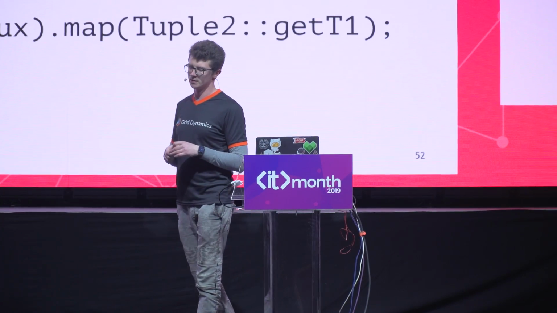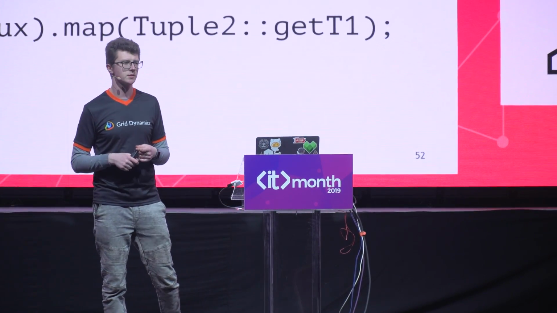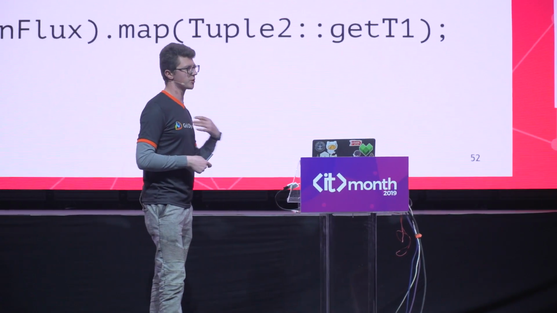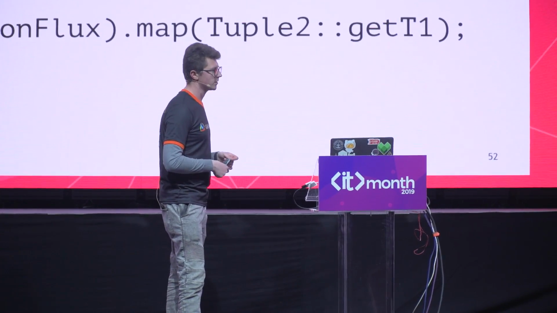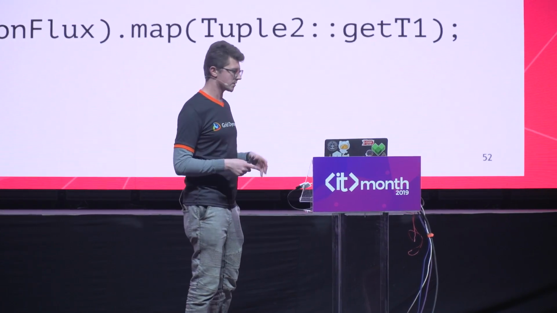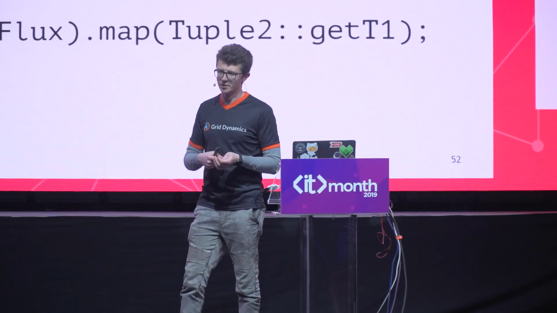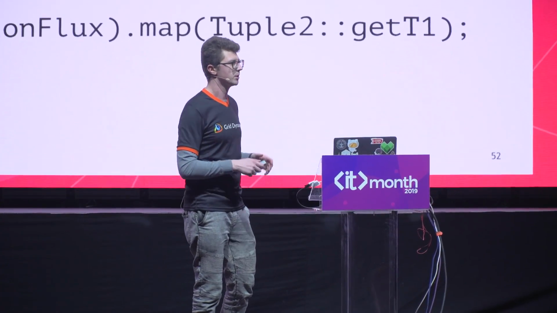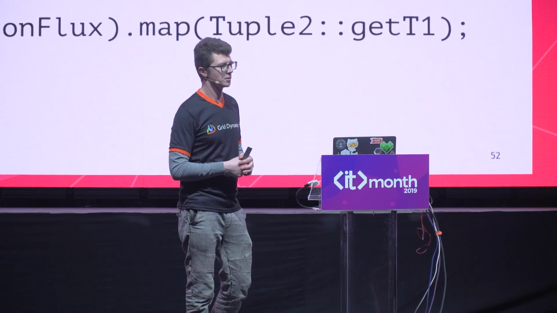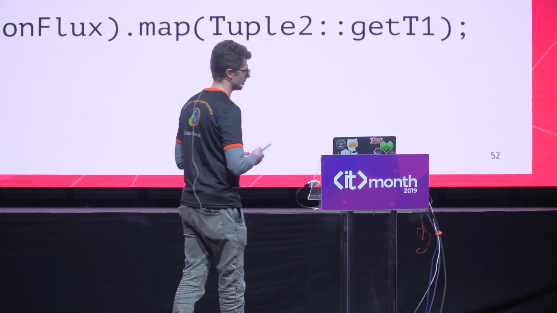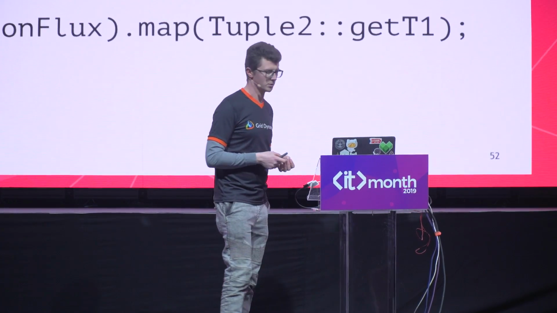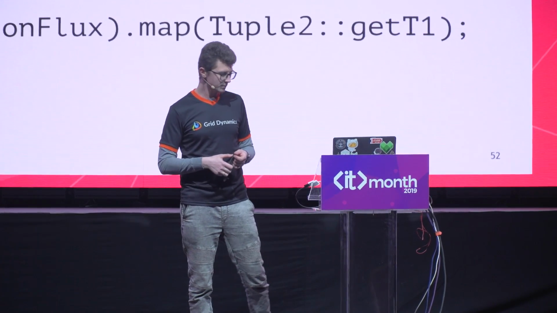Other than that, I told you that there is another abstraction called Flux, which allows you to stream data. So if you want to stream different messages or generate some data and subscribe without having any SNS or SQS or any other publish-subscribe abstractions, which are included in Google Cloud Platform and others, you can do this.